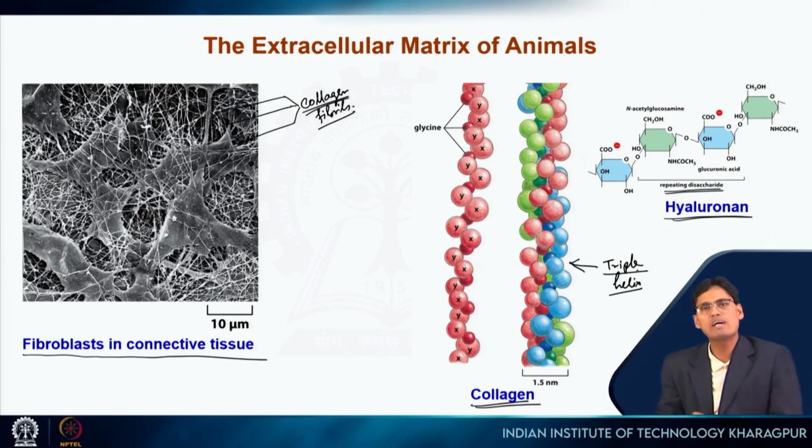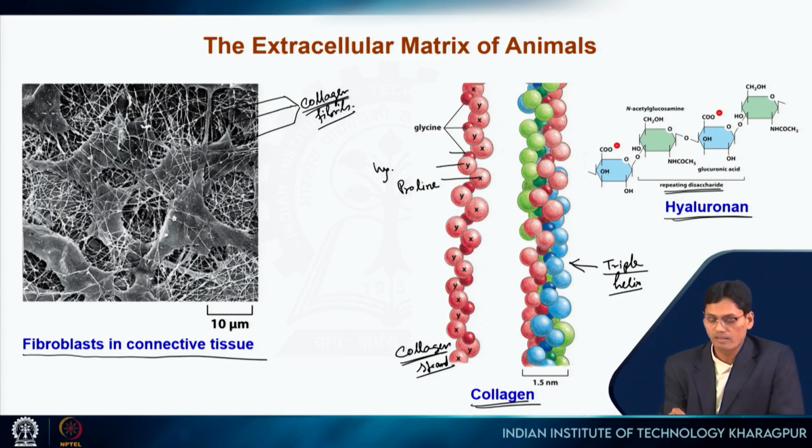Collagen has some other properties also. This is the collagen strand you can see here, sometimes called the alpha chain of collagen. You can see a repetition here: X, Y and glycine. X is generally proline, Y is hydroxyproline, and then this is glycine.